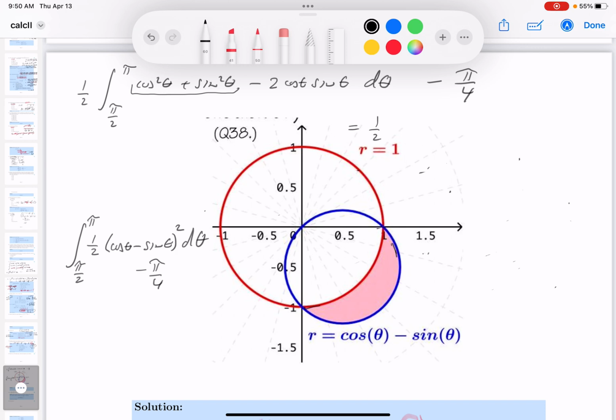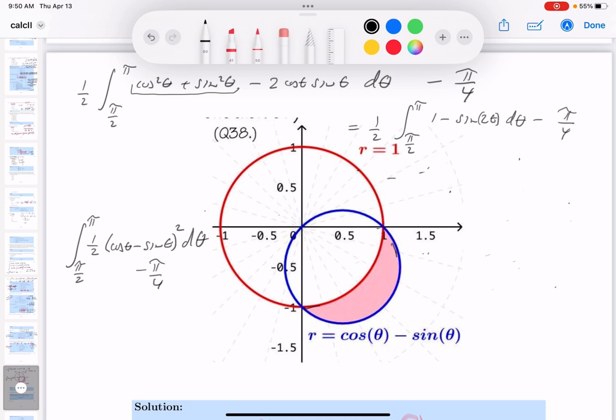So I get 1/2, and this is going to be pi over 2 to pi. And then what do you get there? I get 1 minus 2. Well, you know what? I think I can write that a simpler way, right? So 2 cosine theta sine theta is just actually sine of 2 theta, d theta, minus pi over 4.